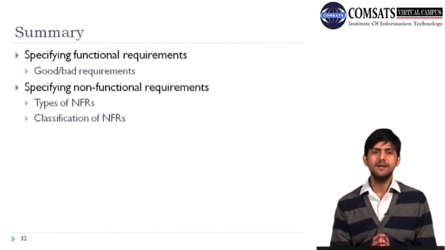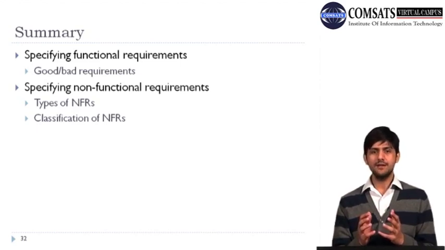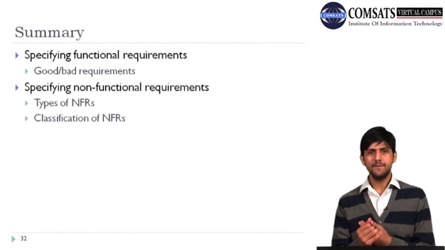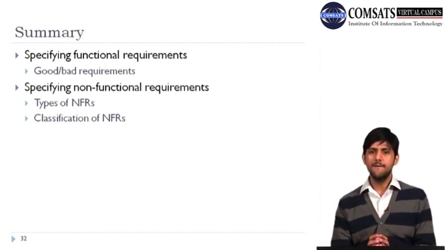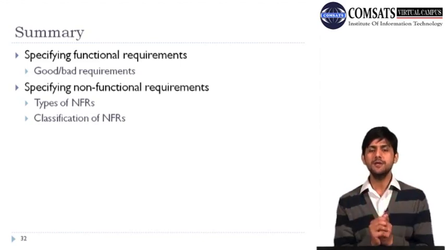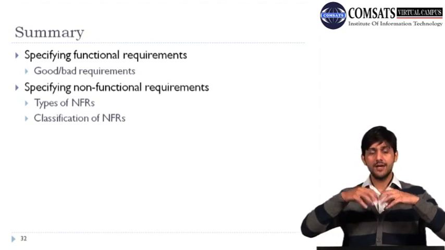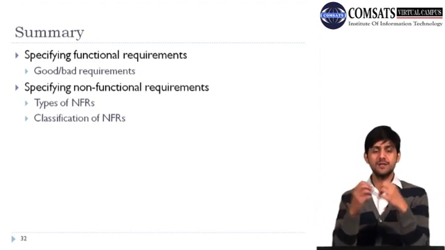So we looked at a very interesting example, one requirement which said that only the authorized users should have access to the data. Now that seemed like a safety constraint that I'm putting on my system. And we said that the detail that you put in a requirement document can be the difference between what may seem like a non-functional requirement and a functional one.